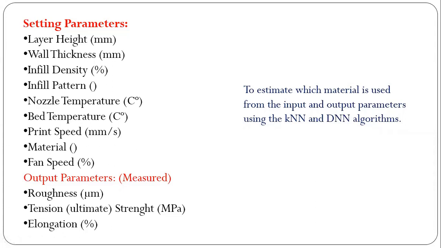We'll check which algorithm gives us better accuracy, and that algorithm we can select, and we can classify, or we can say predict, the required material for any product to be manufactured with the help of a 3D printer by these setting parameters and the output parameters.